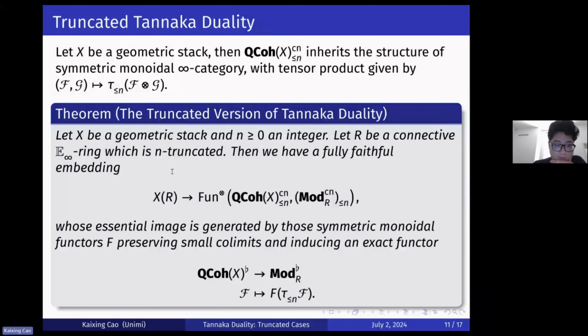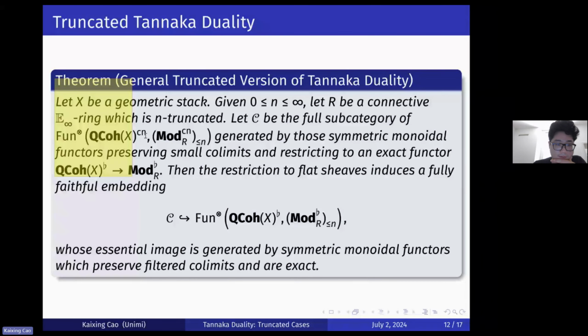But if we start from here, it always induces some map to these functors that factor through the C.